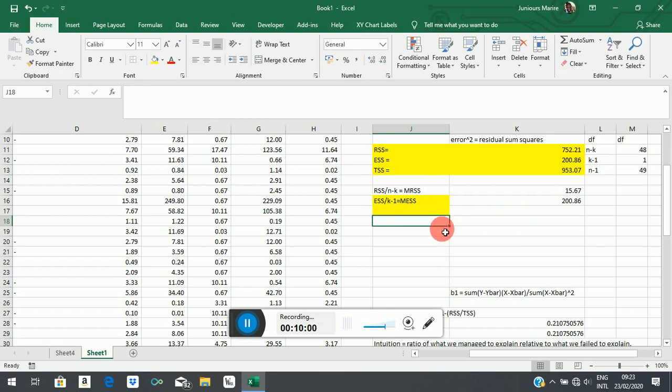Right, so now our F-statistic, which we use to generate a measure of how good our model as a whole is, is equal to your mean explained sum of squares over your mean residual sum of squares.